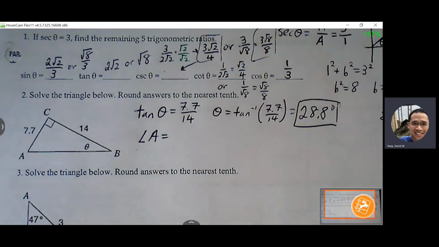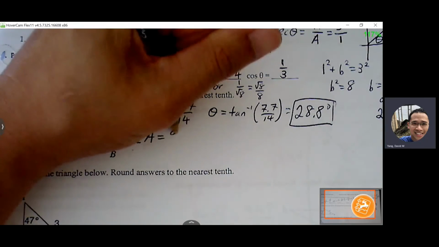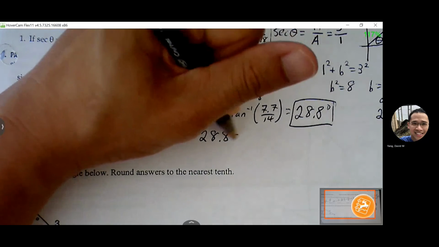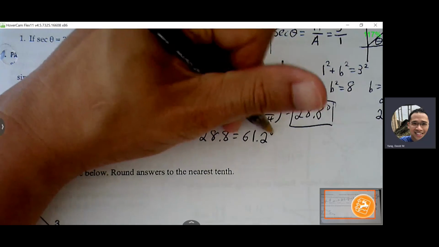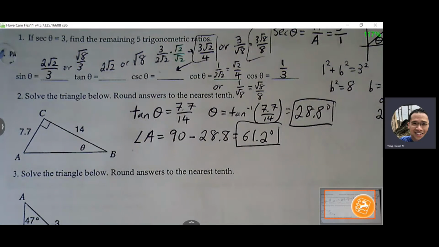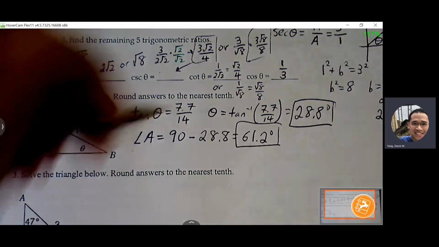So you can subtract from 180, but if I subtract from 90, it's a little less calculations here. Either way, you'll get the same answer. There's one last piece that we need. Yeah, hypotenuse, so Pythagorean theorem.